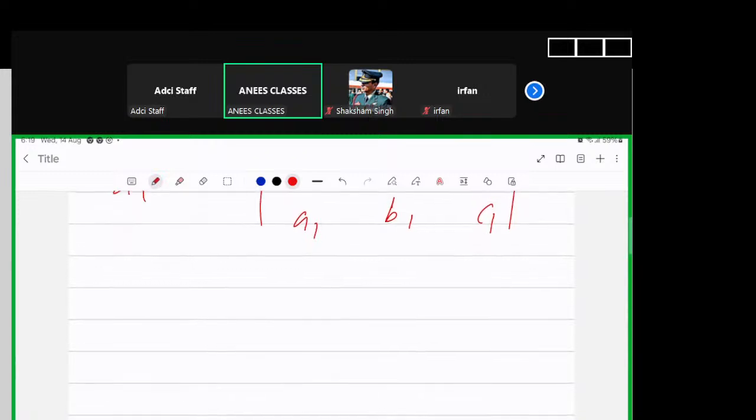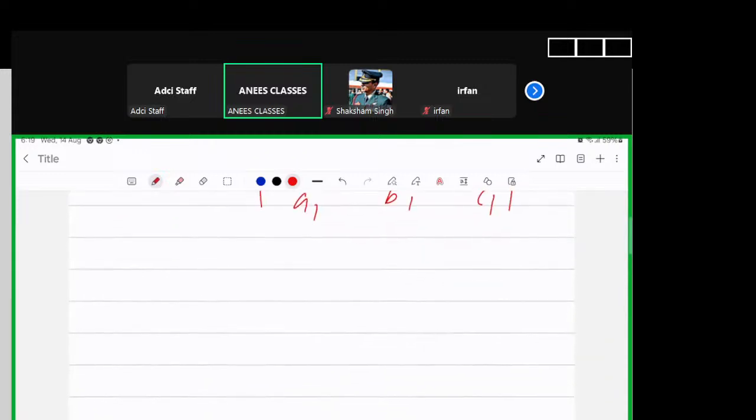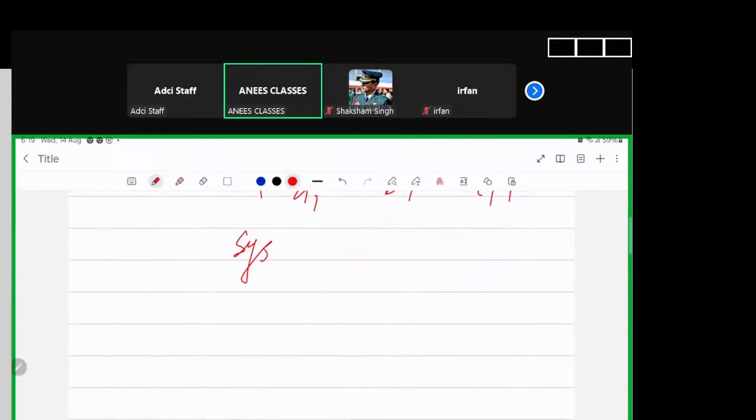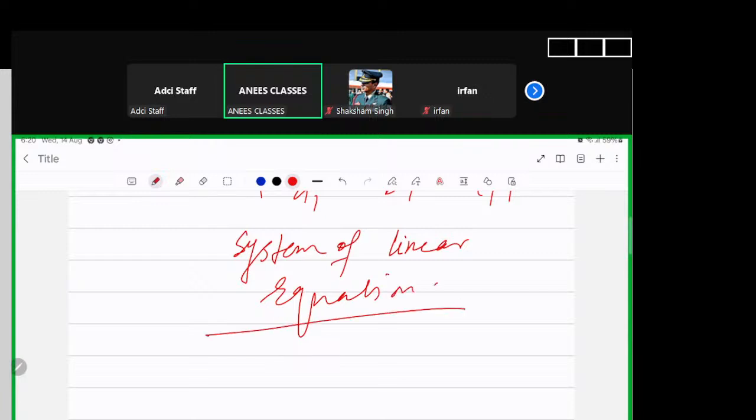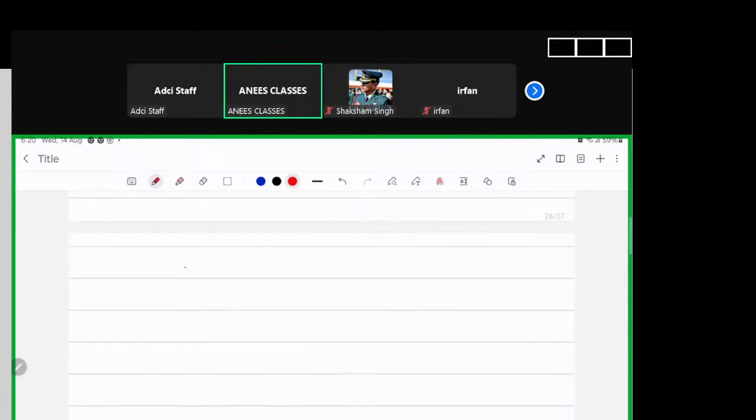Now, system of linear equations. First, non-homogeneous equations.